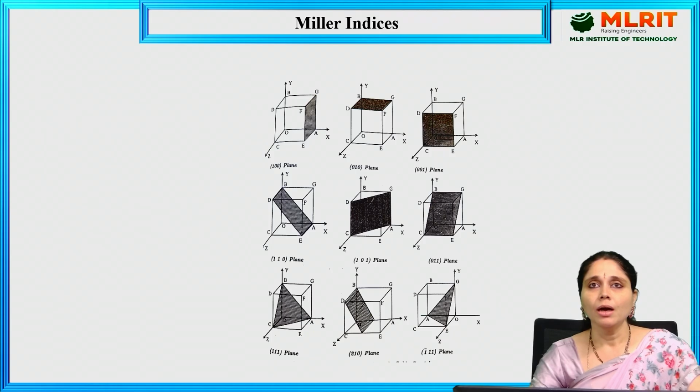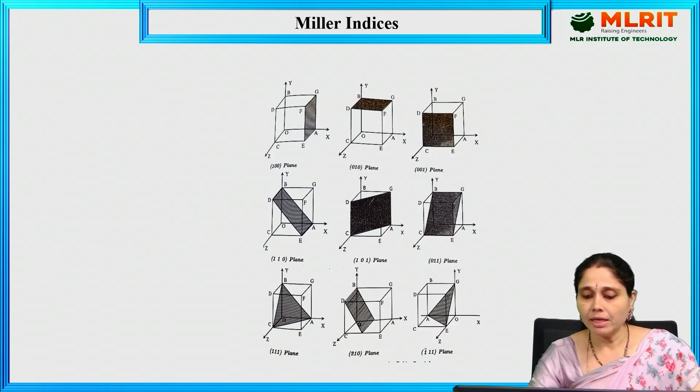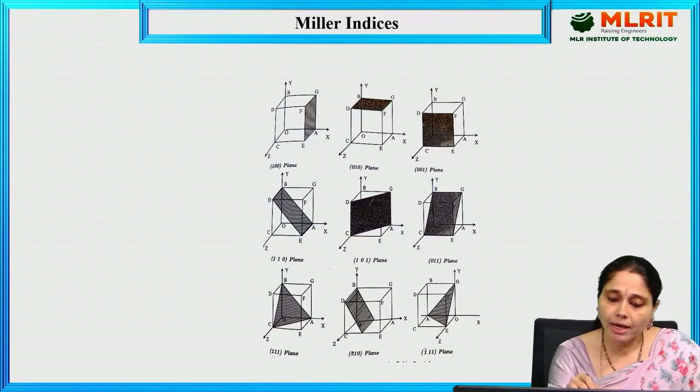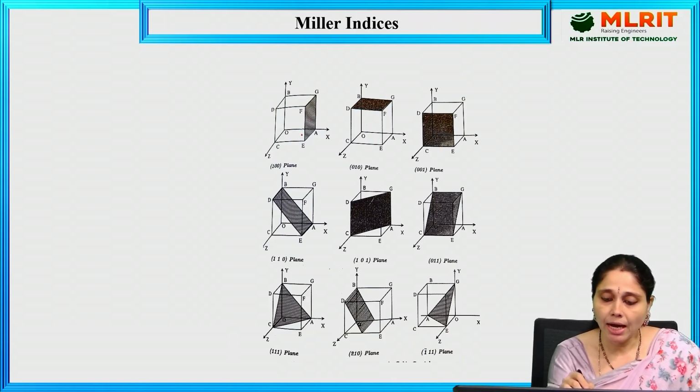Now, the Miller indices are represented here with different planes. We have already seen about planes. See here, this is a crystal structure with X, Y, Z axes, and A, E, F, G is one plane, which is the 1, 0, 0 plane.